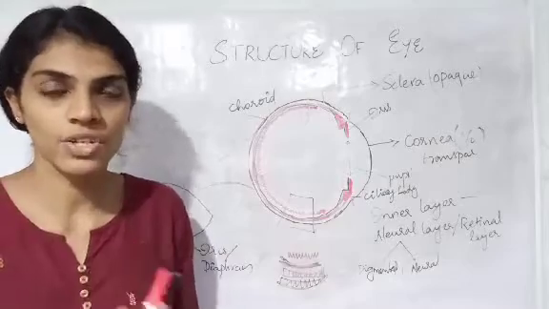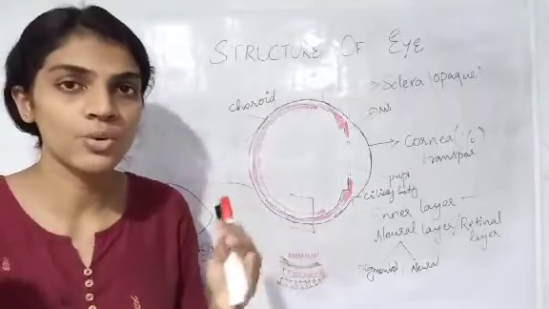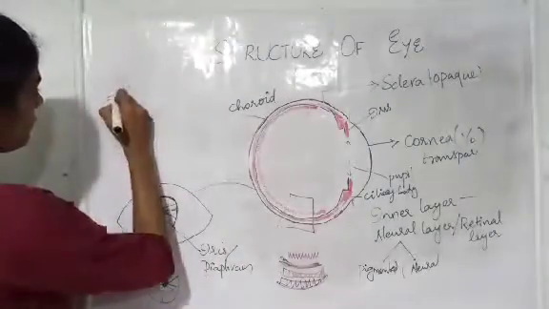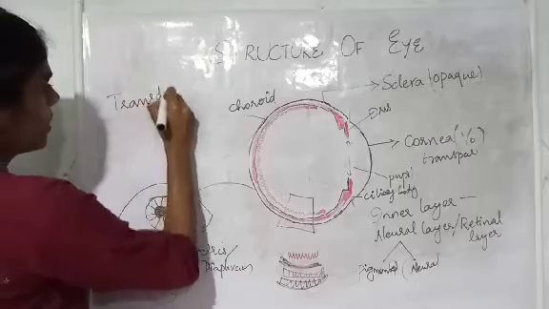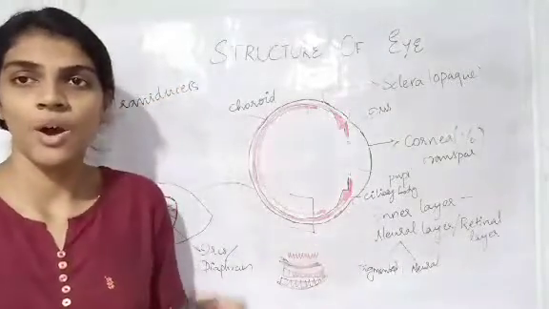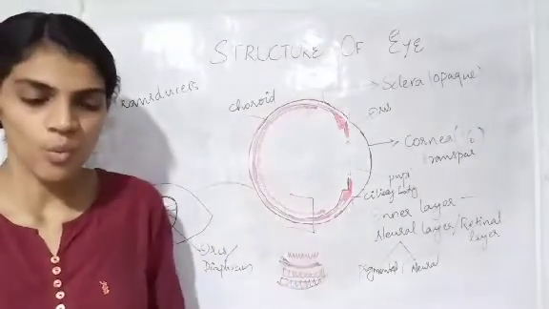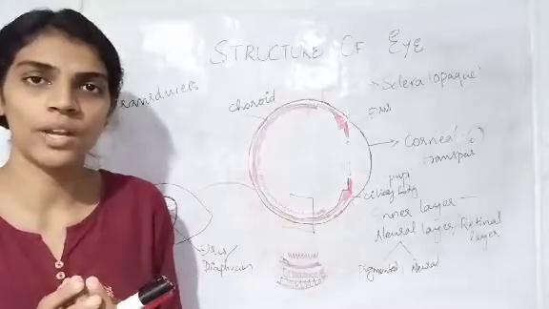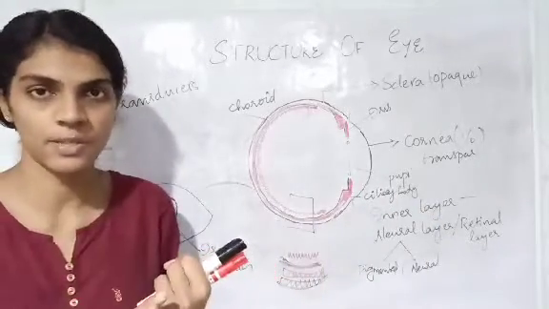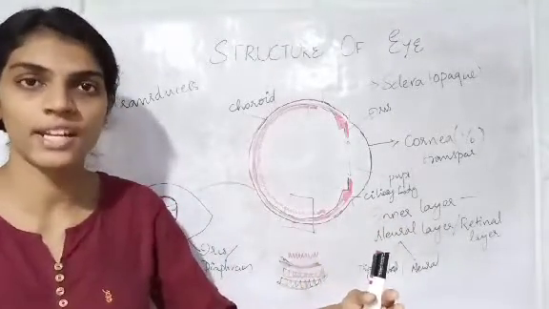And one characteristic of all receptors is that they are transducers. Transducers means they can convert one form of energy to another. What are all the receptors actually doing? Suppose it is a thermal receptor, it is converting thermal energy to electrical energy, right?